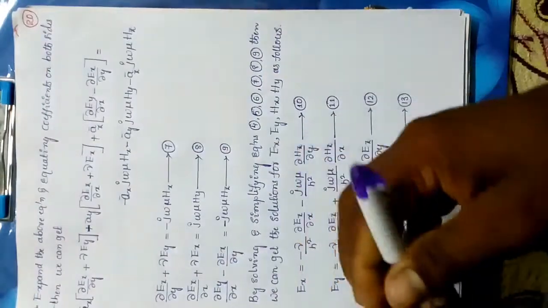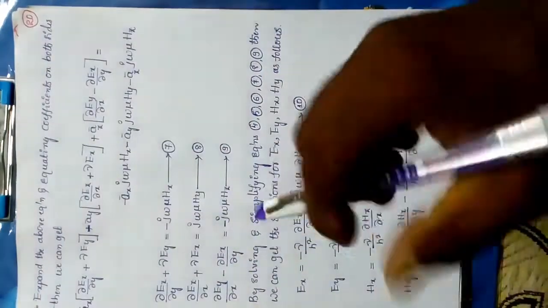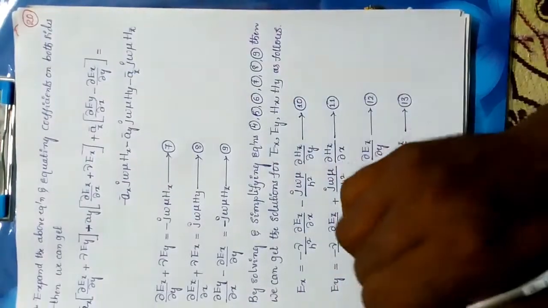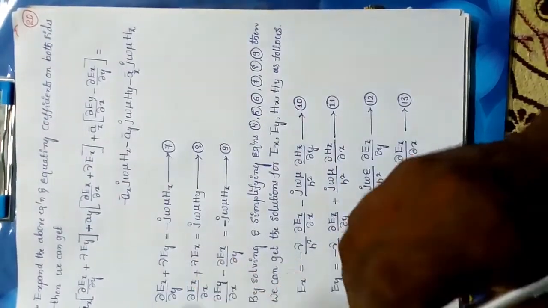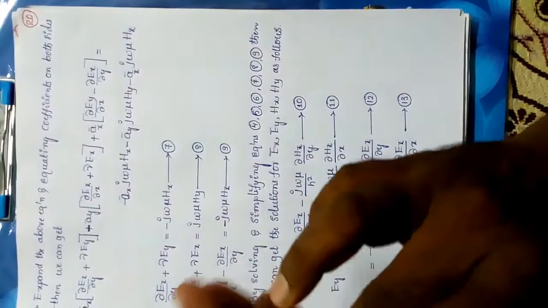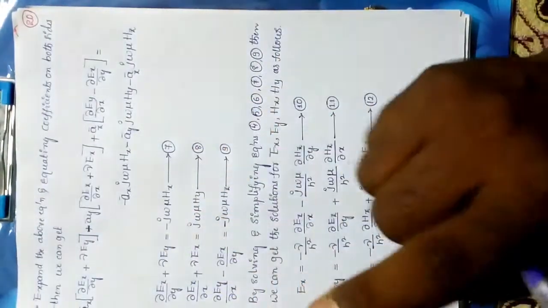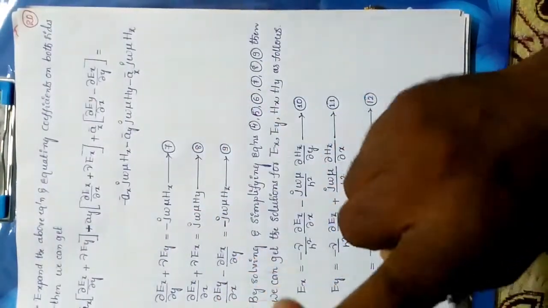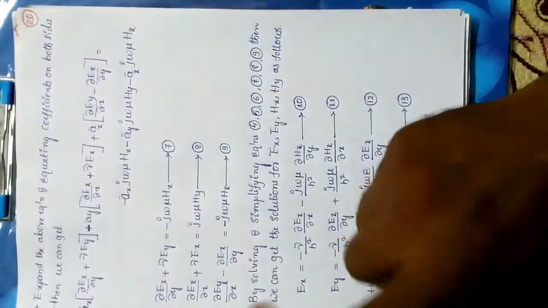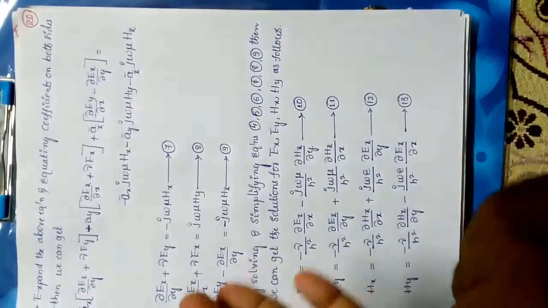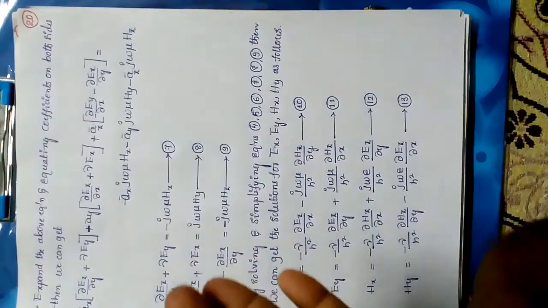What is the definition of TEM mode? In TEM, the electric component and the magnetic component along the direction of propagation of that waveguide should be equal to zero. That is Ez equal to 0 and Hz equal to 0.